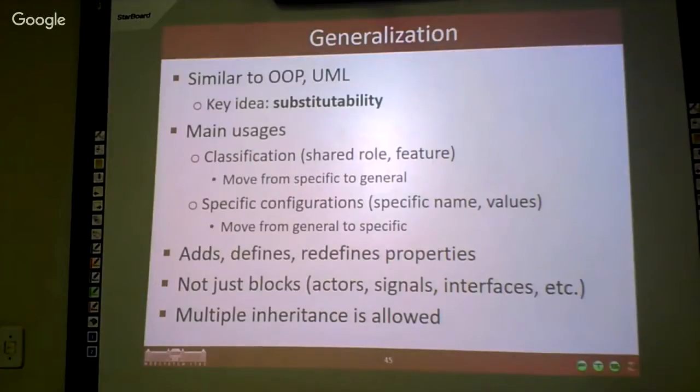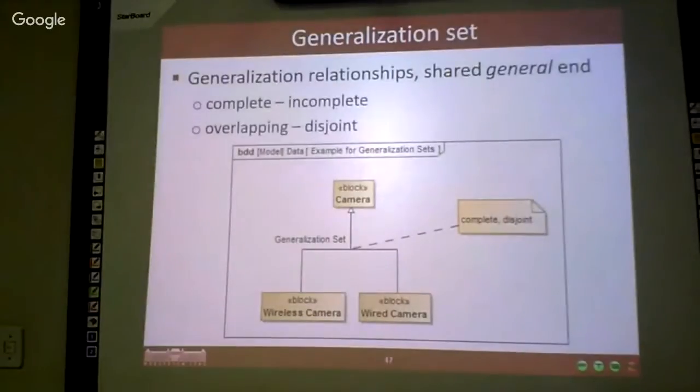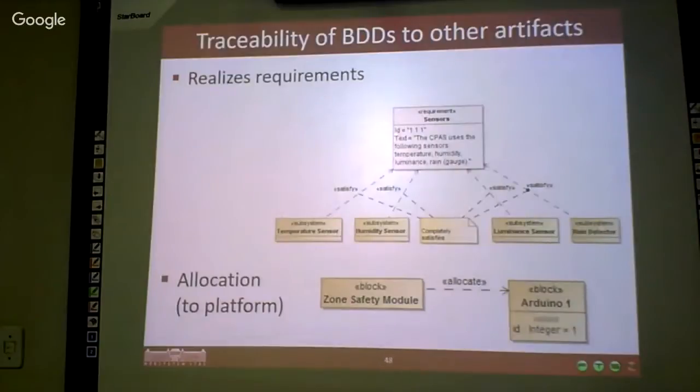And with the help of generalization, you can add, define, and redefine properties. And they can be used not just for blocks, but as you could see formerly, it works with many other things. And in SysML, multiple inheritance is allowed. And also the concept of generalization sets appears in SysML with the same concepts such as complete, incomplete, overlapping, or disjoint. And the big advantage of SysML is that it provides traceability.